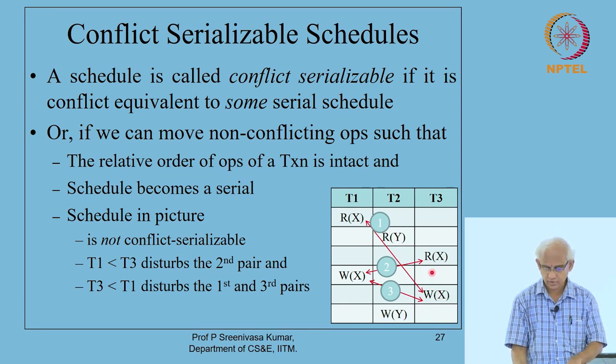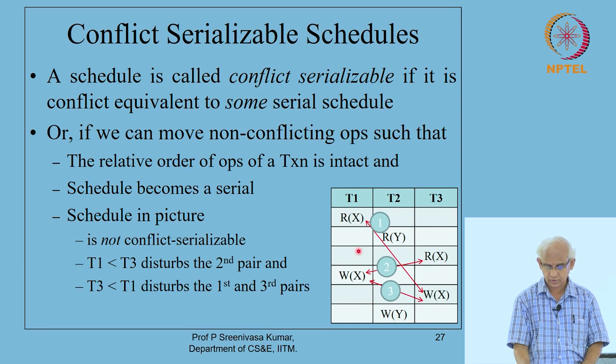So if you try making this schedule conflict equivalent to a schedule in which the operations of T1 come before T3, then obviously this second pair will be out of order. Right now Rx comes first and then Wx comes. But if you put operations of T1 before T3, the relative order among this pair will get disturbed.